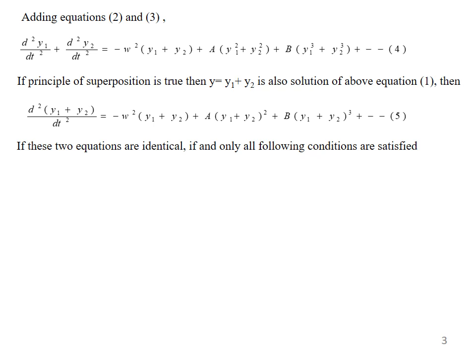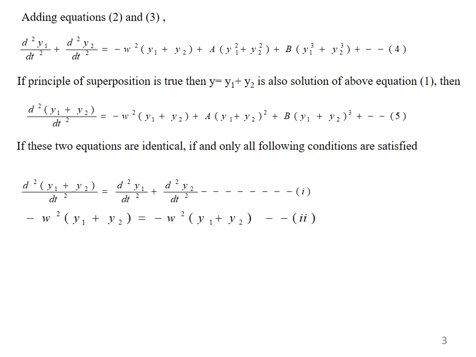These two equations, that is 4 and 5, are identical if and only if all the following conditions are satisfied. Condition first, d square of y1 plus y2 divided by dt square is equal to d square y1 divided by dt square plus d square y2 divided by dt square.